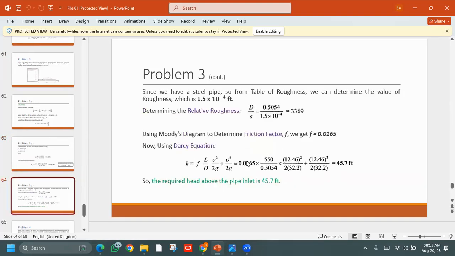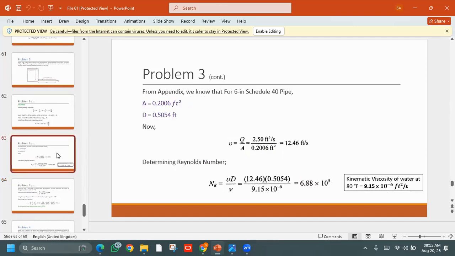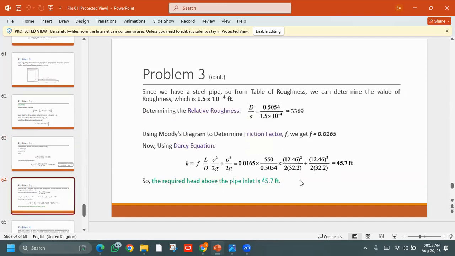So 550 here, and then the diameter of the pipe, and then the velocity, which was calculated as 12.46. The value of gravitational acceleration G is 32.2 feet per second squared, in the feet scale. Again we need to put the value of velocity and G in that equation.